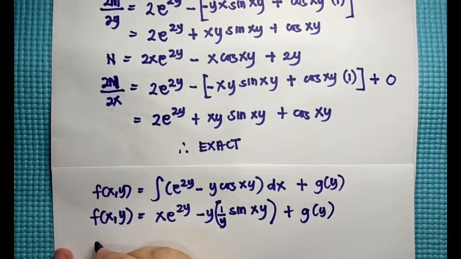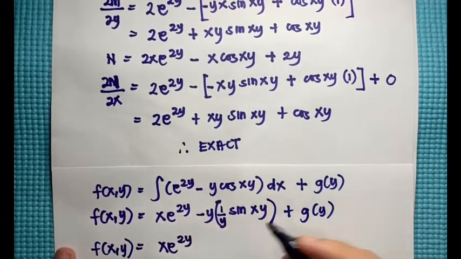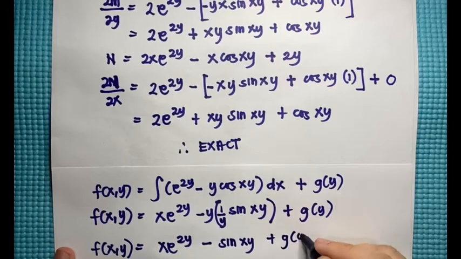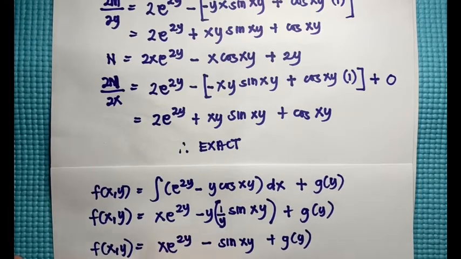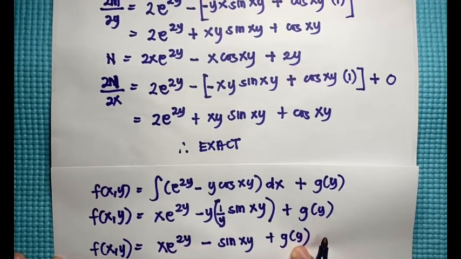Simplifying the equation, we have f of xy equivalent to x e raised to 2y minus sine xy plus g of y. And then we will be deriving this equation, this time with respect to y, because we have g of y there.